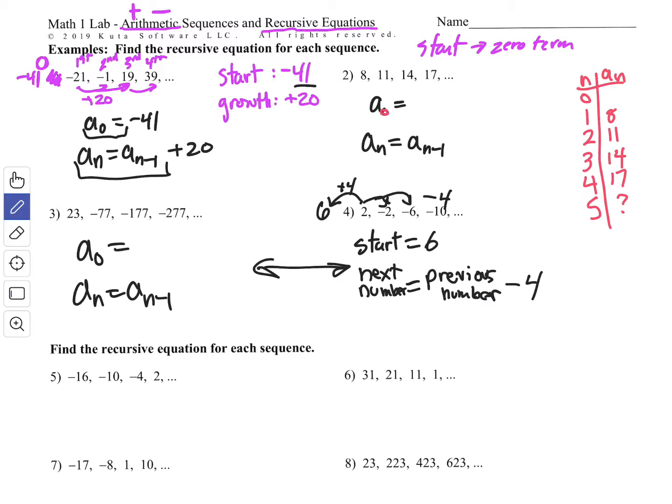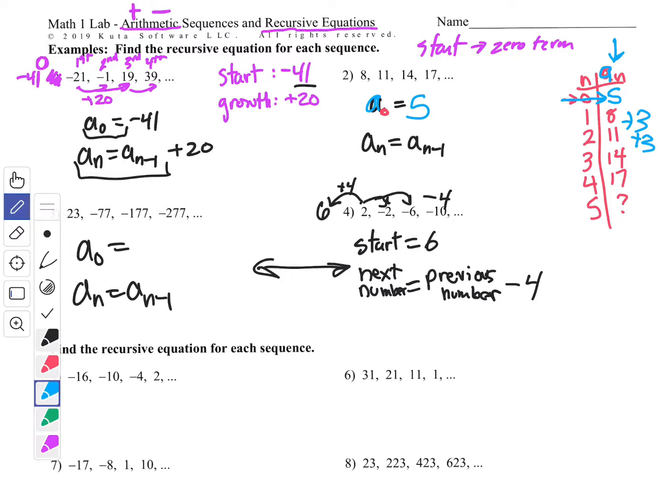So that a sub 0, that 0 here, is representing this 0 here. Well, what number is the a part, right? This a sub 0 tells me that it's the output number that I want. Well, it looks like we're adding 3 each time. So going backwards, that would be 5. So when n is 0, a sub 0 is 5.